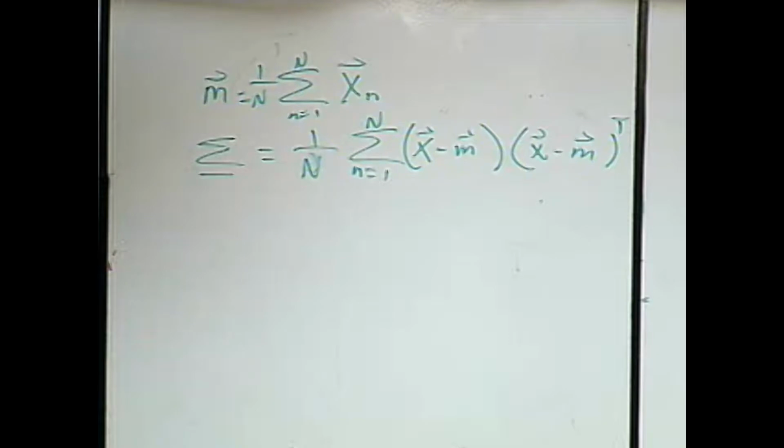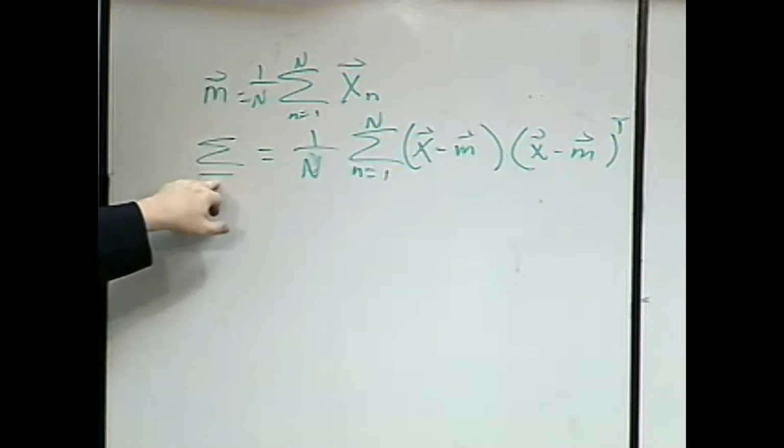Now this covariance matrix is such that it has eigenvalues and eigenvectors, which I hope you've seen before.